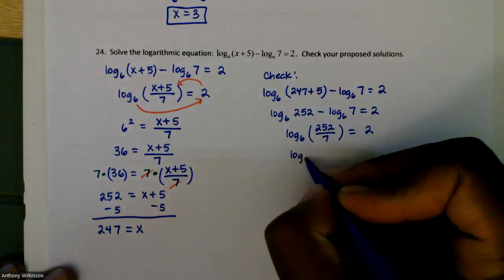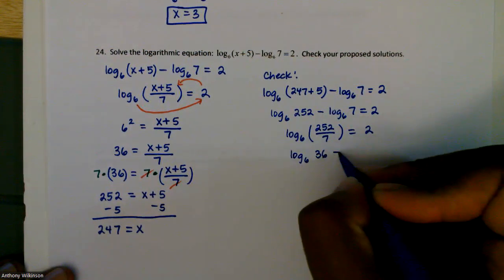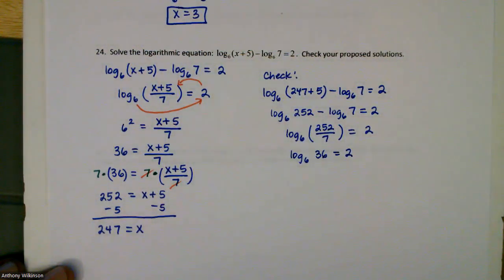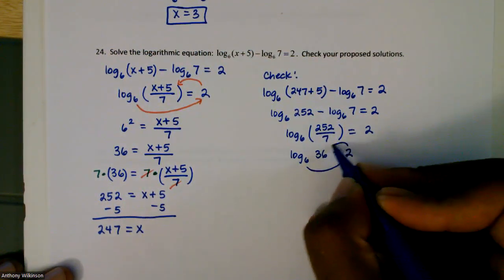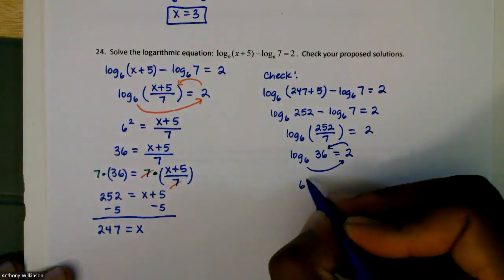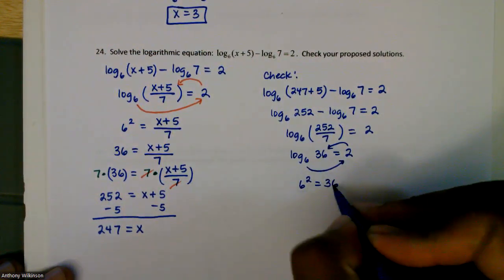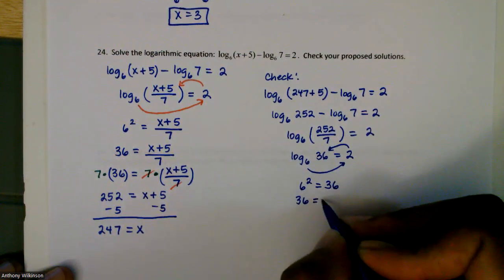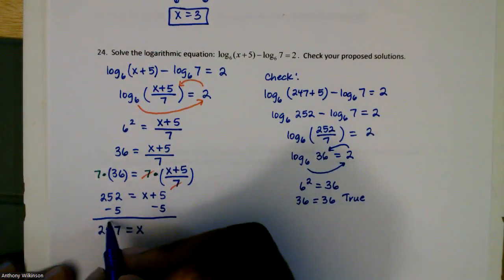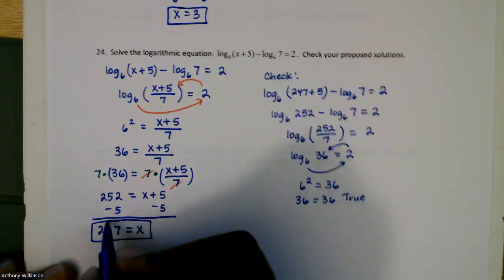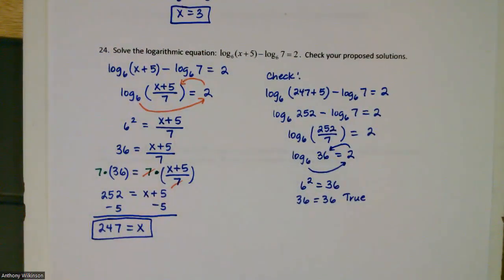The log to the base 6 of 36 is equal to 2. And if you convert that into its equivalent exponential form, this will be 6 to the second equaling 36. 6 squared does equal 36. So here I have a true statement. So I can say x is equal to 247 is the solution to that logarithmic equation.